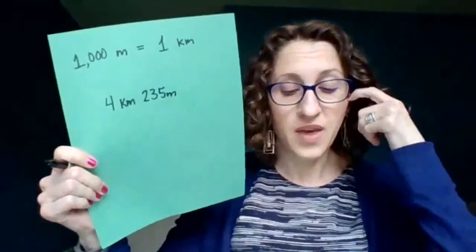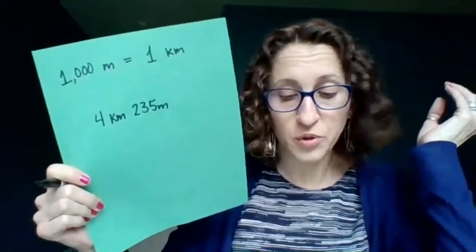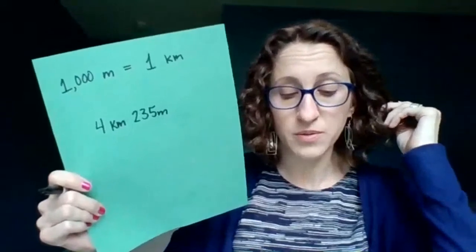Okay, let's go down to number 2, complete. They're showing you 4 kilometers, 235 meters, and they want you to convert it to just meters. So we're going to break those two things apart. 4 kilometers, what does that equal? 4,000 meters, and the 235 meters is already in meters, so we can leave that.